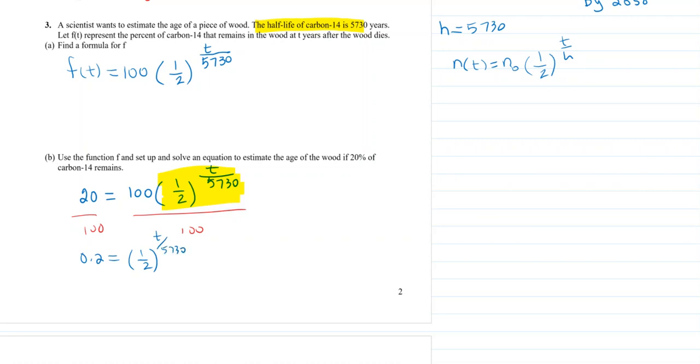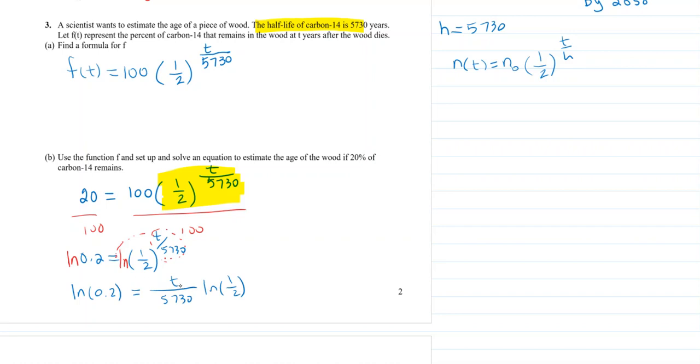Now that the exponential is by itself, I want to bring down the power. So we take the ln of both sides, and that brings this exponent down to the side. Bring the cat down from the tree. And then we get ln of 0.2 on the left, t over 5730, ln of 1/2 on the right.